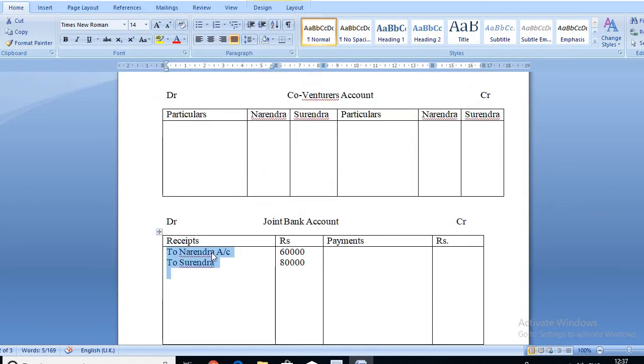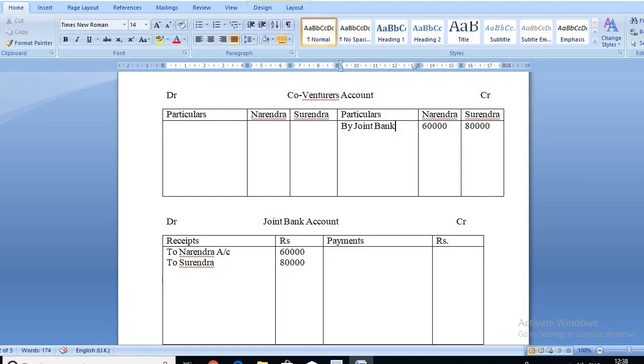Narendra and Surendra are co-venturers, so in their accounts, on the opposite side, that is the credit side, we have to record the cross posting. Narendra 60,000 and Surendra 80,000, because they were recorded in joint bank.